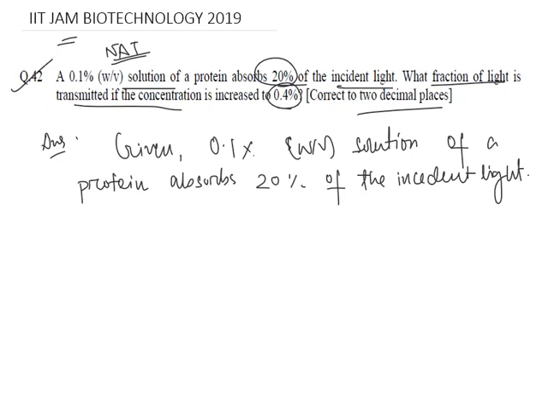So we can write that 0.1 into 1 by 100 is equals to x into 20 divided by 100. So this implies x is equals to 0.1 divided by 20.